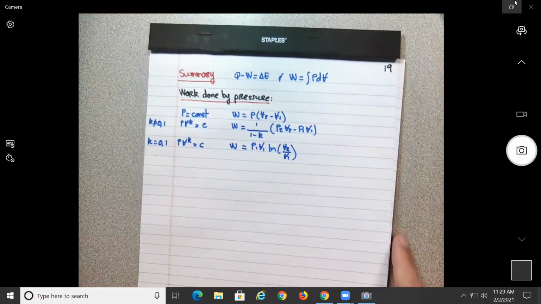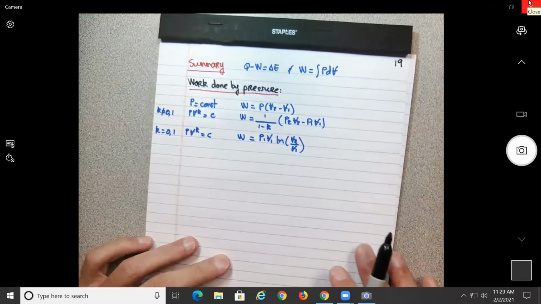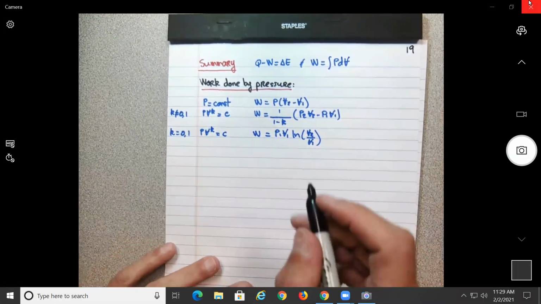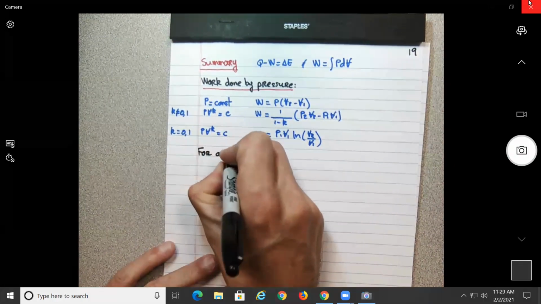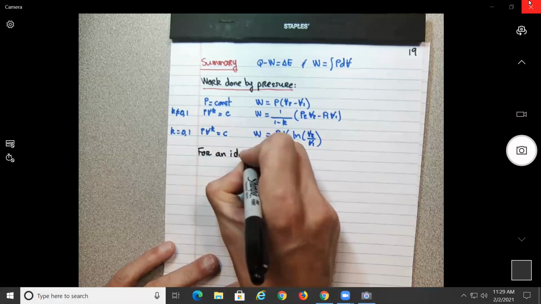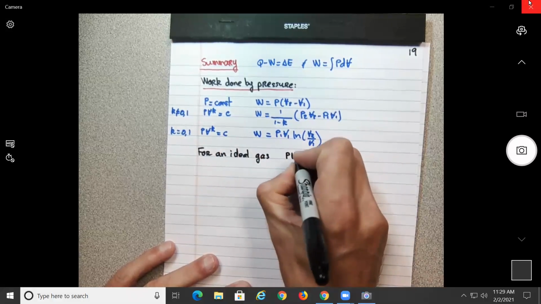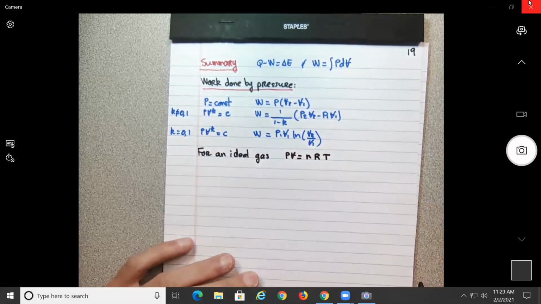All right, so now that I look at these equations, let's say we are dealing with an ideal gas, okay? So for an ideal gas, what is the ideal gas relation? PV equal nRT.